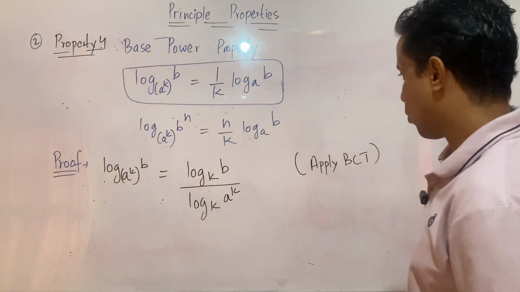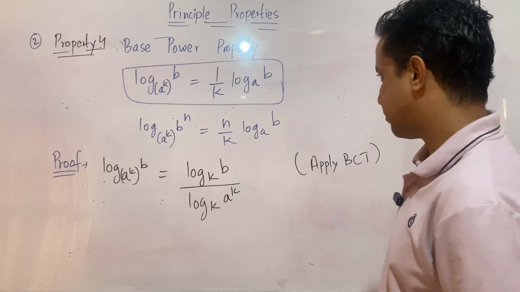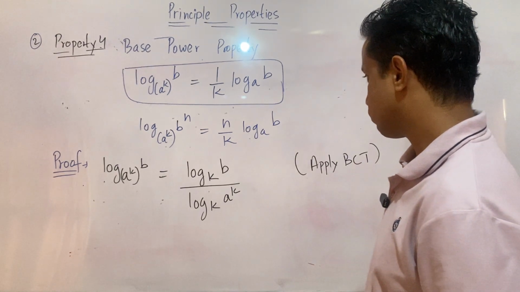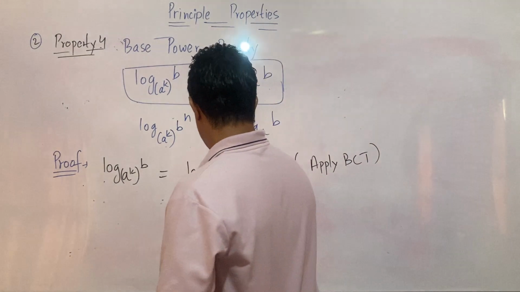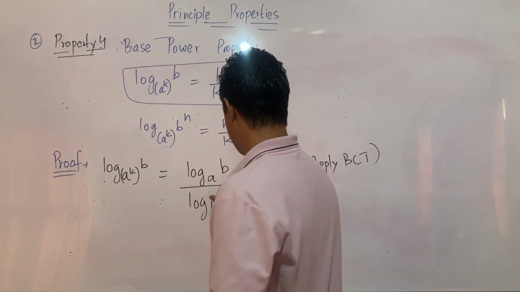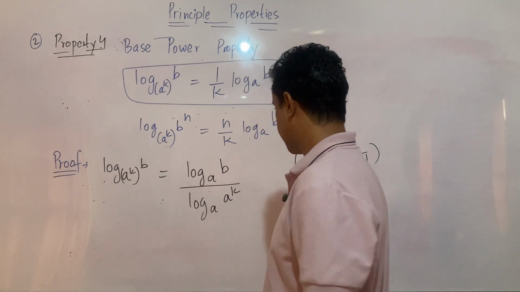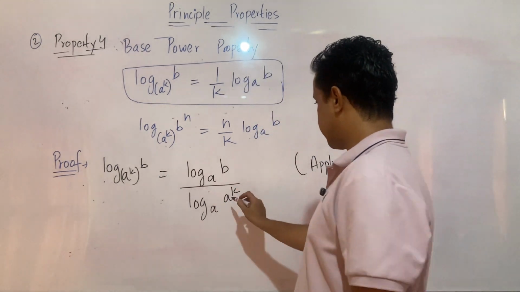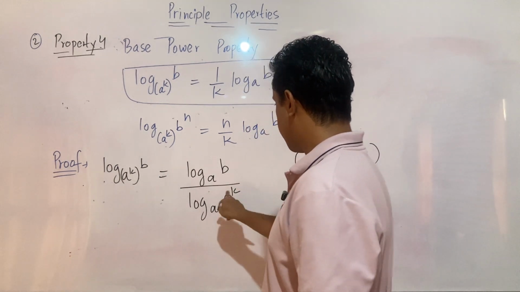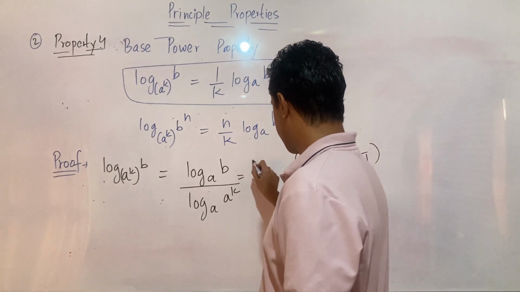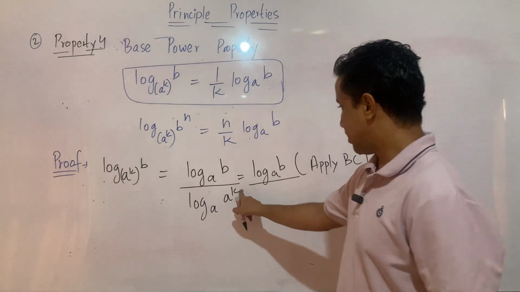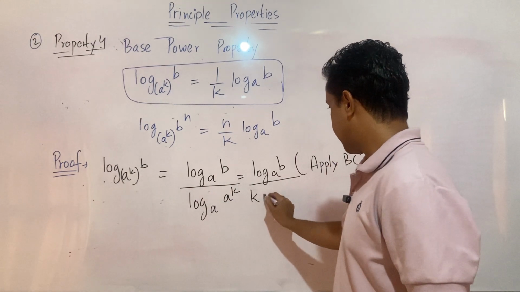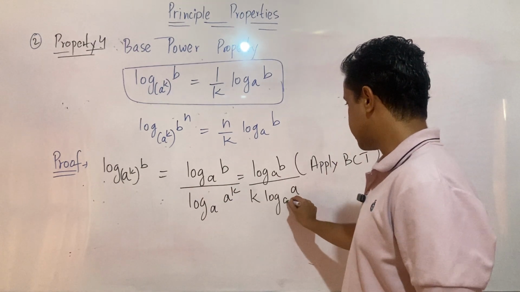Sorry, log with respect to a. So this thing can be written as log b to the base a, and here k comes outside, by log of a to the base a.